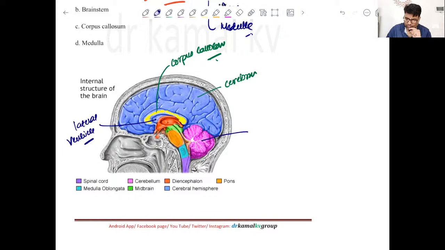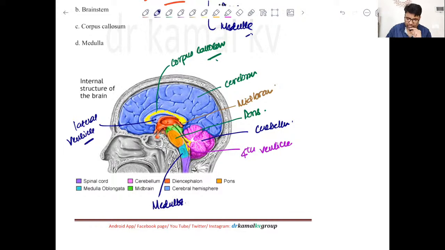Then this is of course cerebellum, right? Here you can see this is the 4th ventricle, right? So this is the 4th ventricle. Then in the green is the midbrain. Below the green in orange is the pons, and in aqua is medulla, and in purple is spinal cord, right?